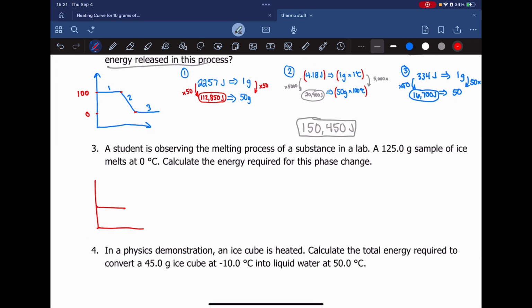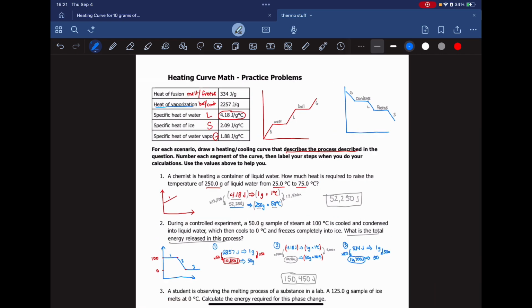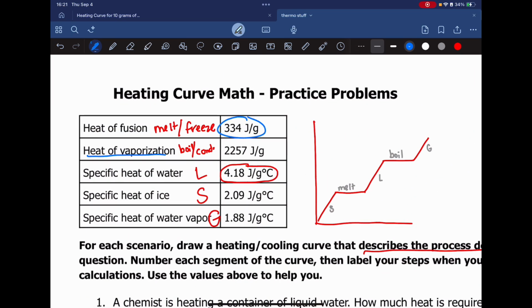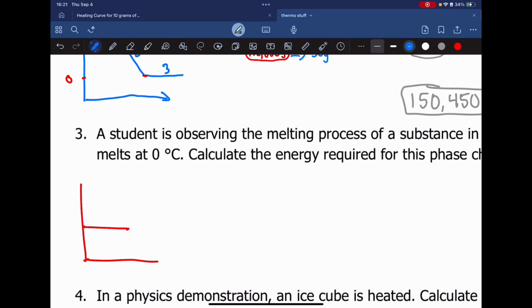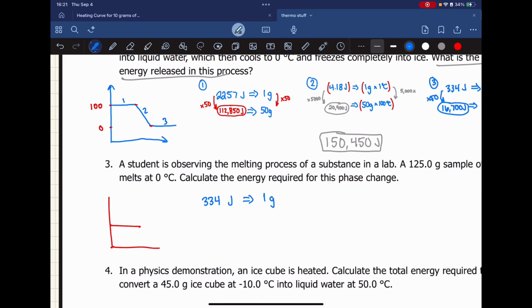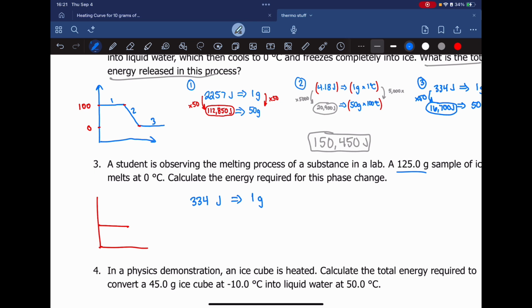All right, so we got 125 grams melting. Since I'm melting, I'm going to use my heat of fusion, which is my 334. My 334, what does that number mean? It is the number of joules that is required to melt 1 gram of ice. I don't got 1 gram of ice. How much do I have? 125 grams.